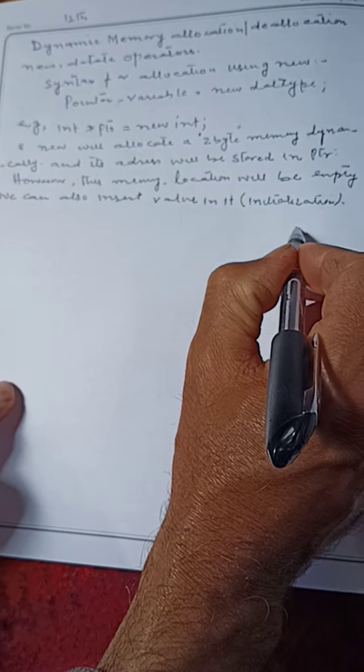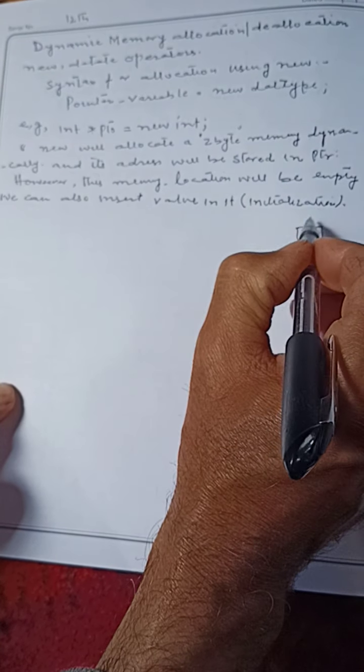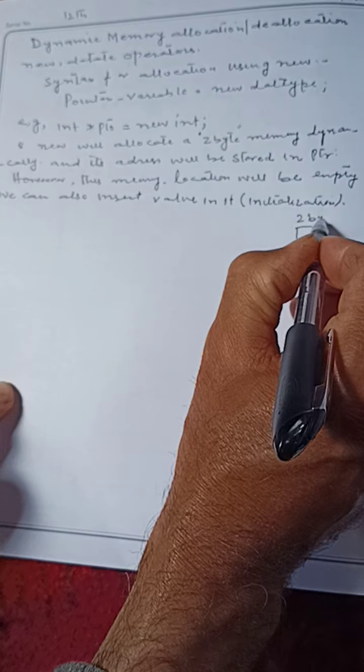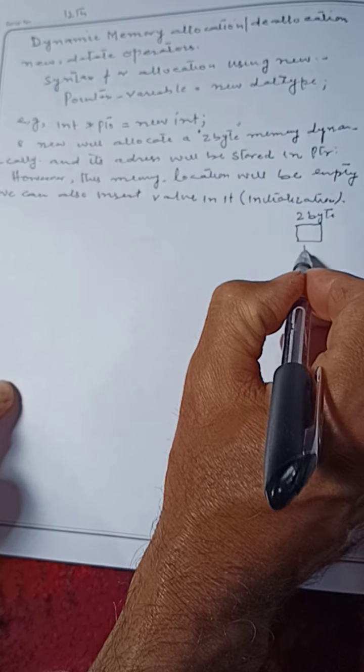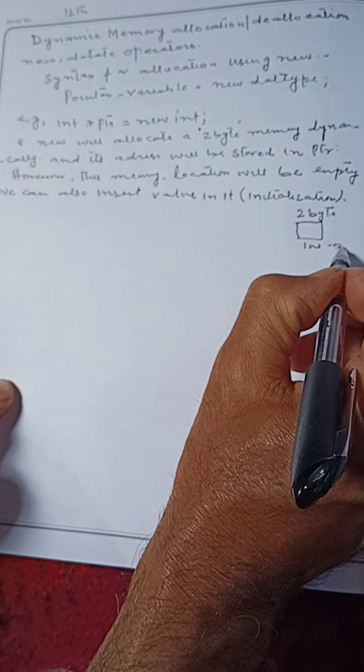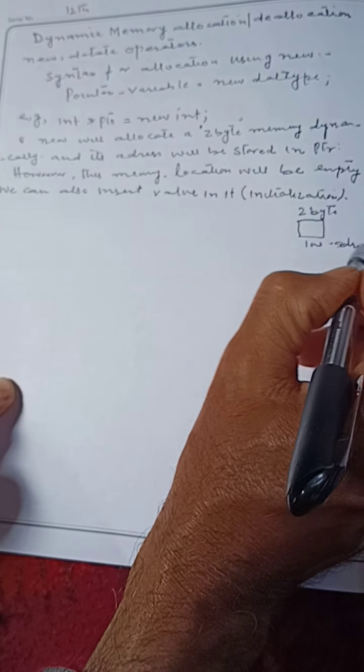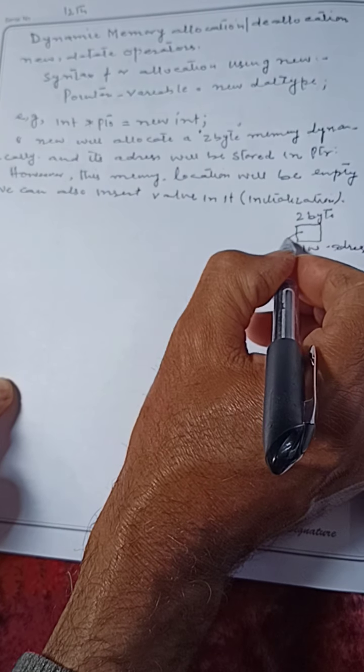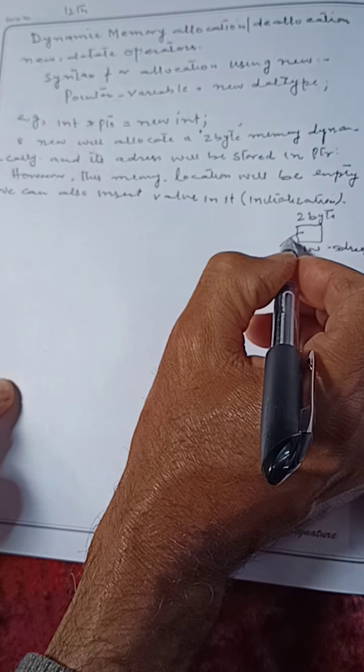Here it is 2-byte. 100 is the address, and here it is pointer.